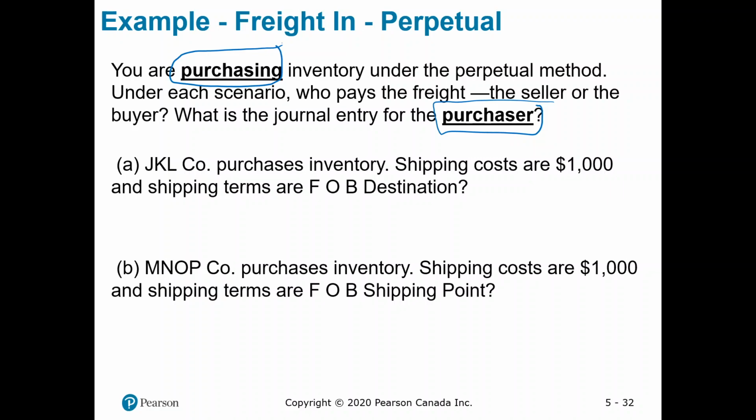Okay, so the first one here says JKL Company purchases inventory. The shipping costs are $1,000 and shipping terms are freight on board destination. Okay, so first we have to figure out, we're the purchaser, when do we take possession? So if the terms are FOB destination, we don't take possession until they reach us at our destination.